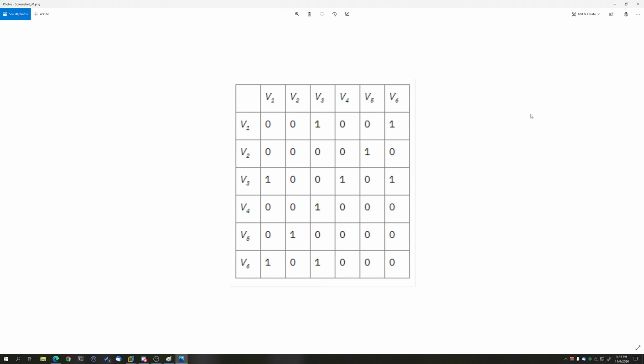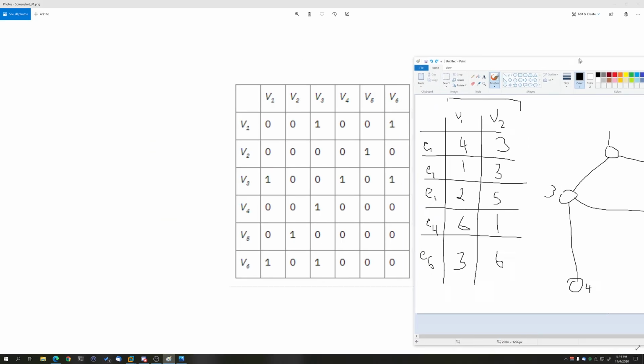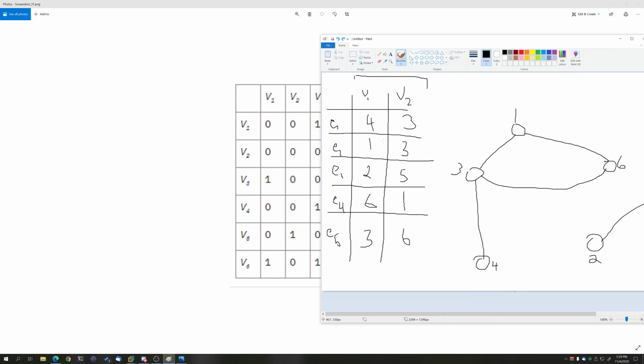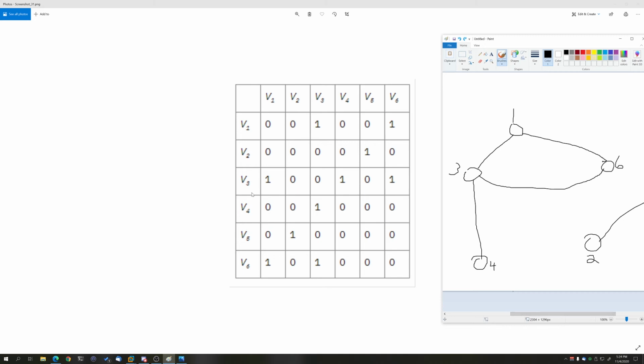As you can see, if we pull up Paint here, we have vertex 1, 3: 1 is here, 3 is here. Well, there's a 1, so that means there is an edge connecting them. If we were to say 3 comma 1, that also exists right here.